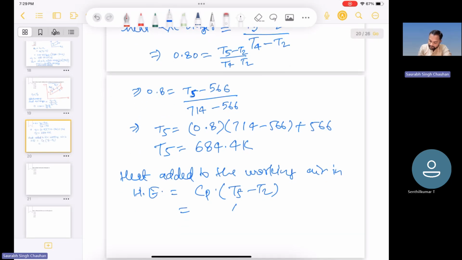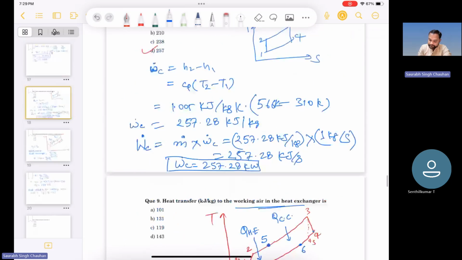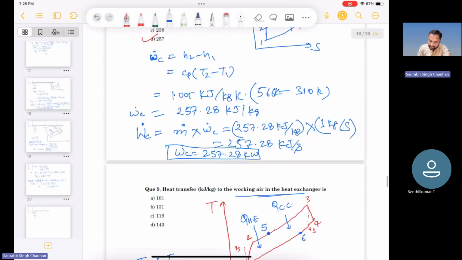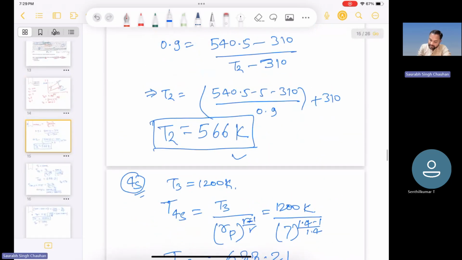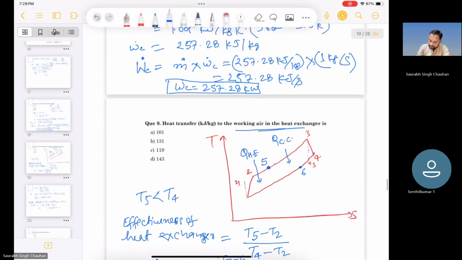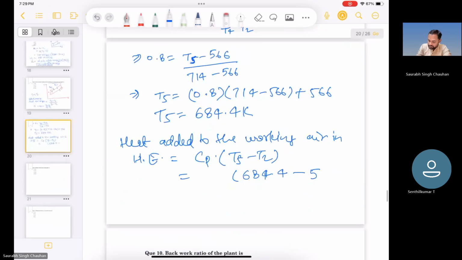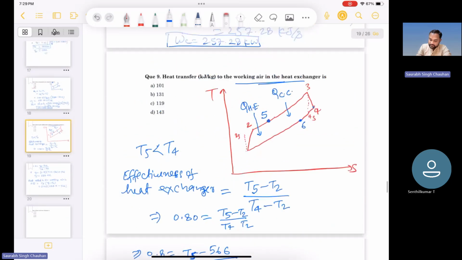T5 is 684.4, T2 was 566 Kelvin, and Cp was 1.005. So this value will be in kilojoule per kg, right?